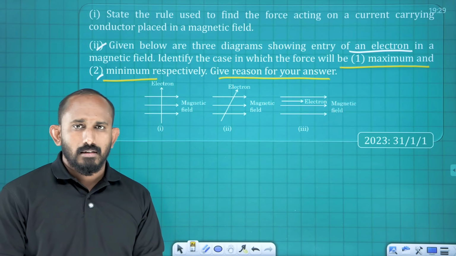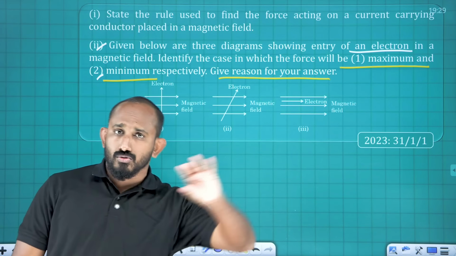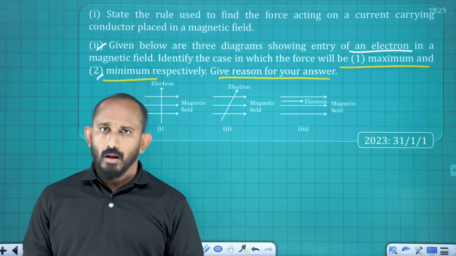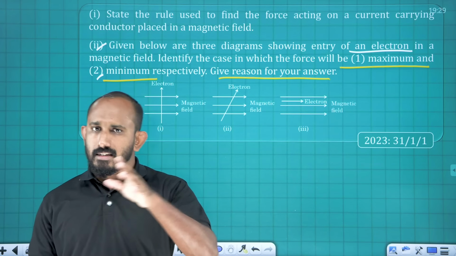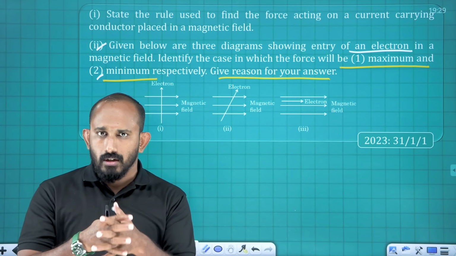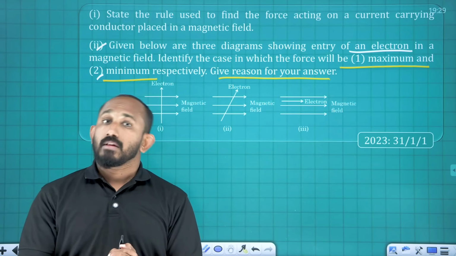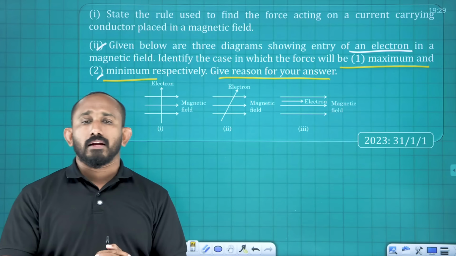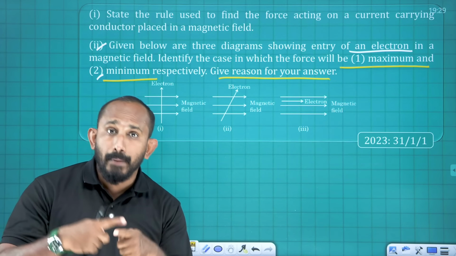We studied that whenever a charged particle passes through a magnetic field, it experiences a force. Because movement of charge creates a magnetic field and the external magnetic field is there, so they interact with each other, there will be a force. That's given from Fleming's left hand rule. It is maximum when charges pass perpendicular to the field.